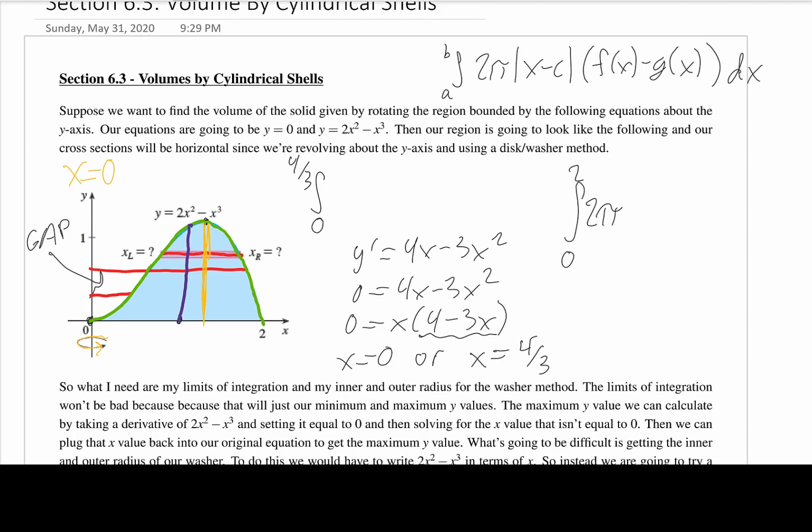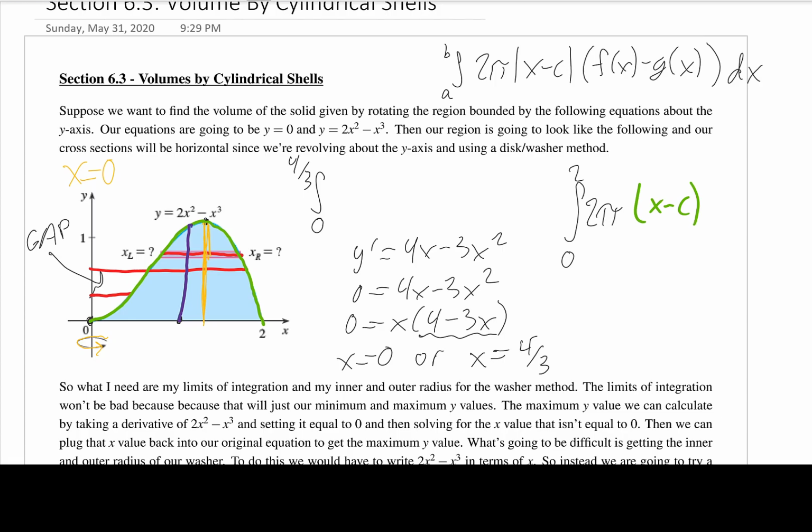So I'll always want to do the point on the curve minus 0 when we're looking at x values to get a positive number. That's why, instead of absolute value of x minus c, it's just going to be x minus c.